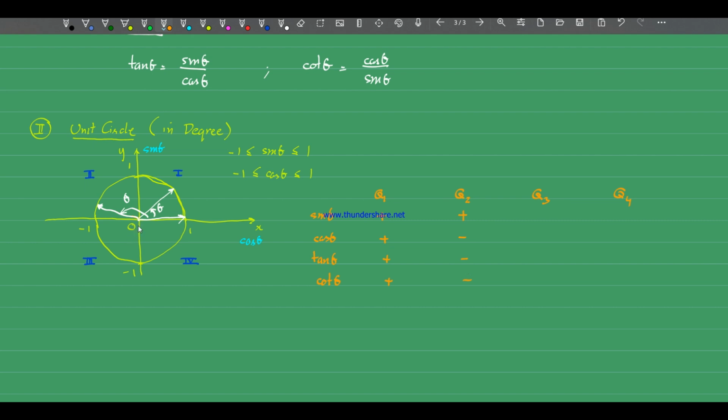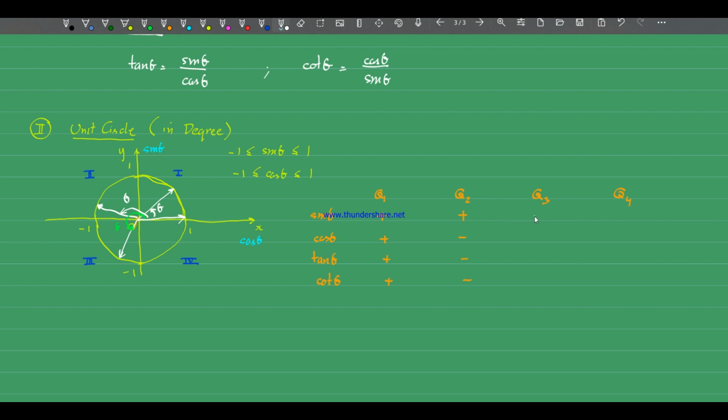Now what happens when the terminal side continues to rotate to the third quadrant? The angle theta right now will be this, right? We go from here all the way here. So what happened to the sine?